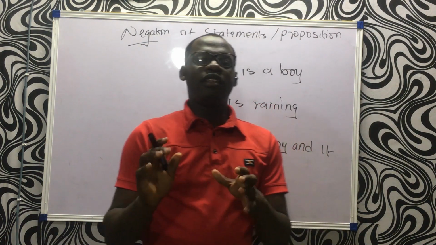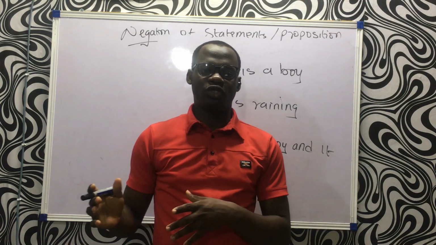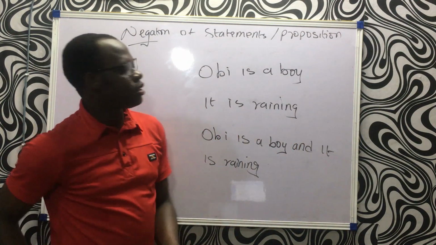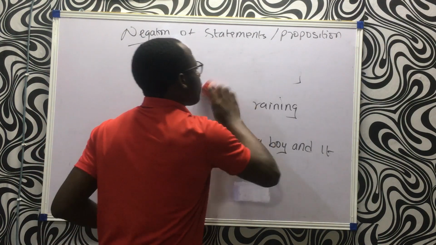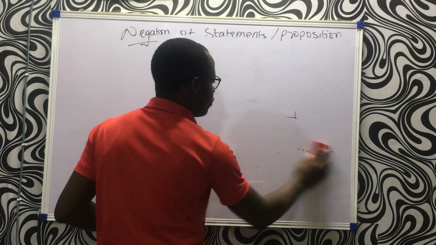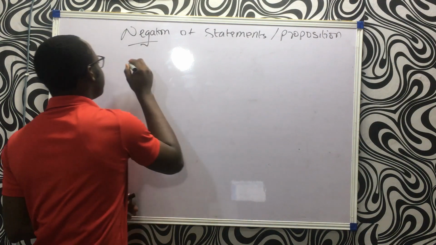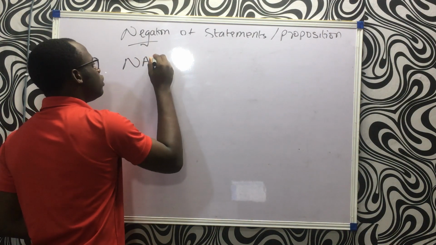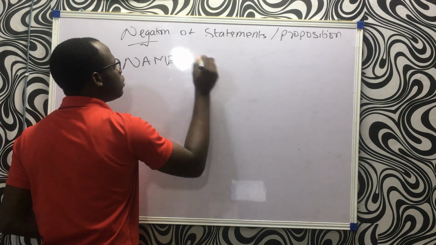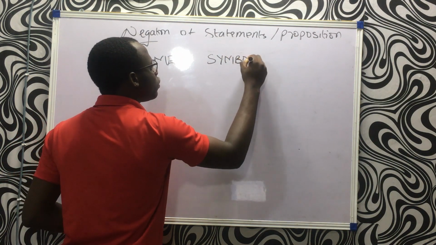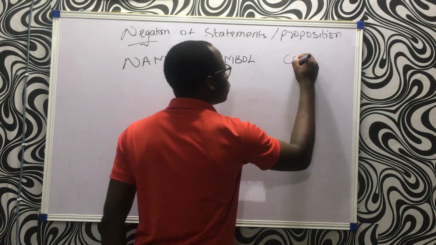Now we'll be looking at the different propositional connectives which we have and what they mean. So we'll be taking the name, we'll take the symbol, we'll have the connection.